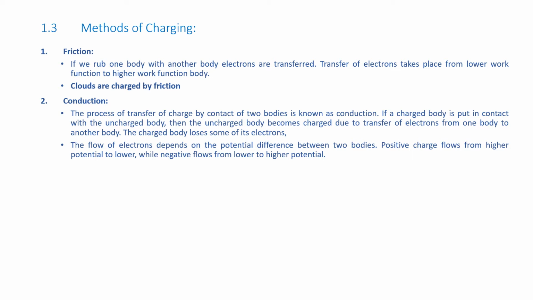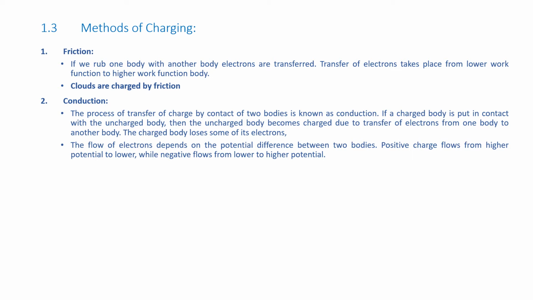Number two, conduction. The process of transfer of charge by contact of two bodies is known as conduction. In this case, the charging body as well as the uncharged body are touching one another. That means, if a charged body is put in contact with an uncharged body, then the uncharged body becomes charged due to transfer of electrons from one body to another.